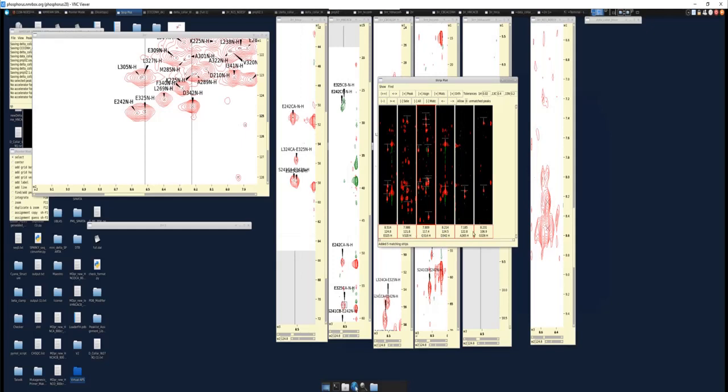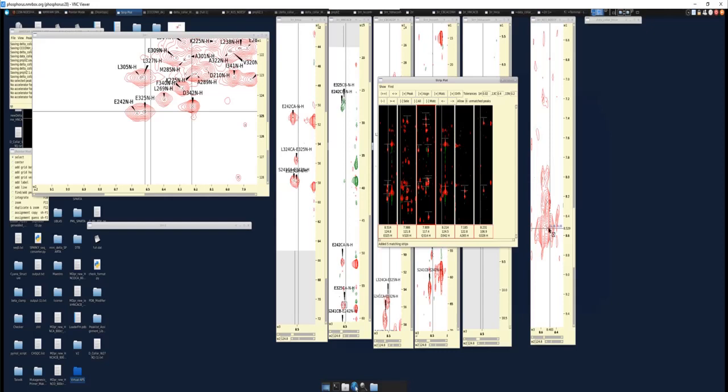Now, one might think at this point, wouldn't it be nice if I could search both the C alpha, so search the CBCOCNH, look at what matches have the C alpha, and search the NOESY to see which NOESY strips have these 2 peaks. Unfortunately, Sparky does not allow you to do that. Maybe other programs do. I have created a plugin, a separate program for Sparky that does enable you to search multiple spectra concomitantly.